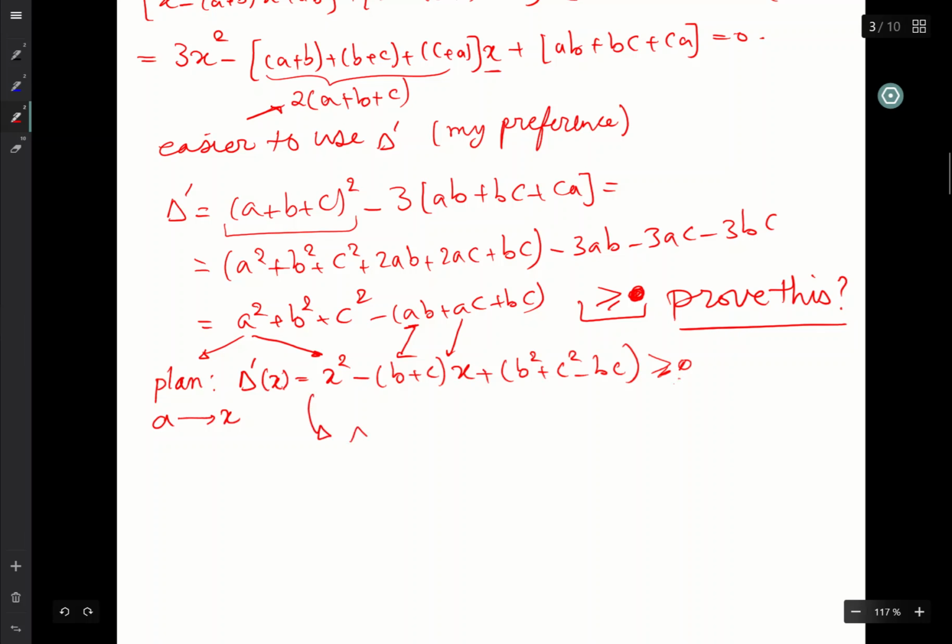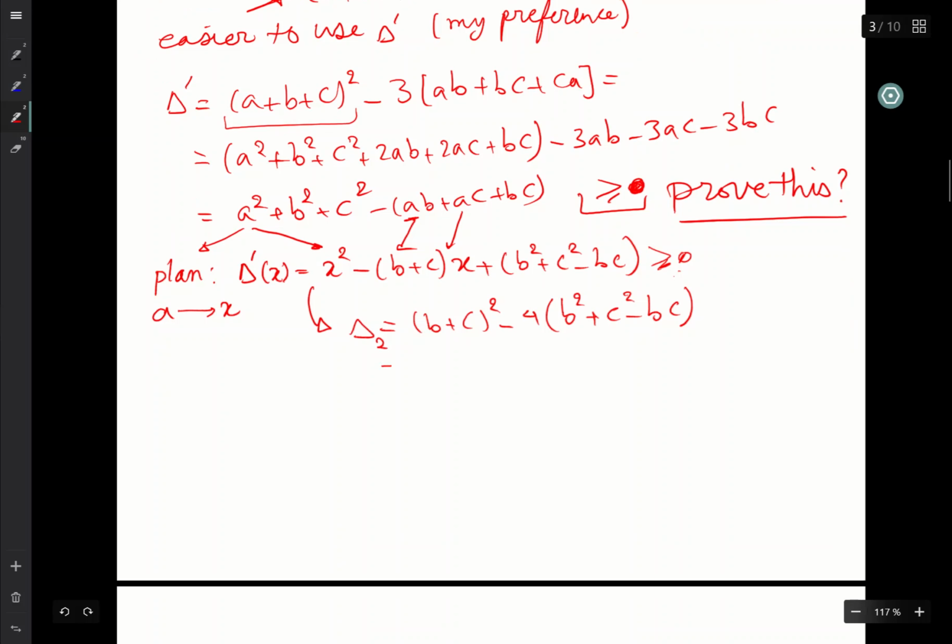Let's calculate the delta of this one. Let's call it delta 2, which is (b plus c) squared minus 4(b squared plus c squared minus bc). Let's simplify this. So delta 2 is b squared plus c squared plus 2bc minus 4b squared minus 4c squared plus 4bc.